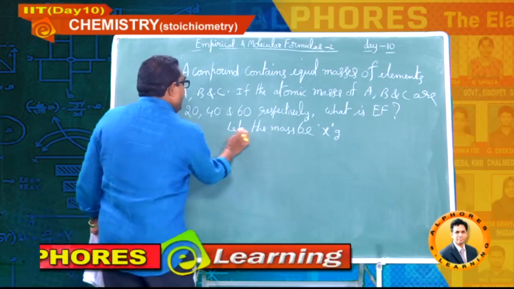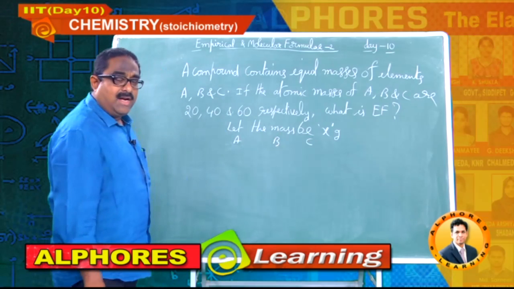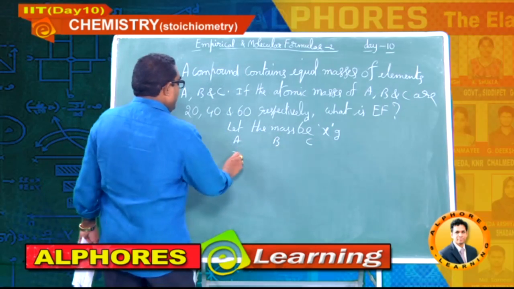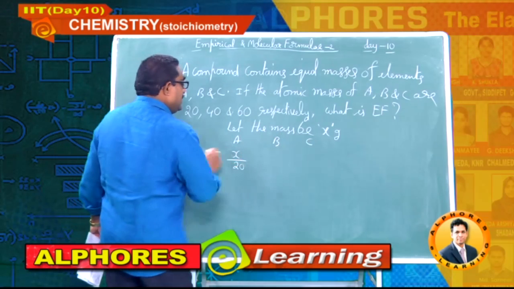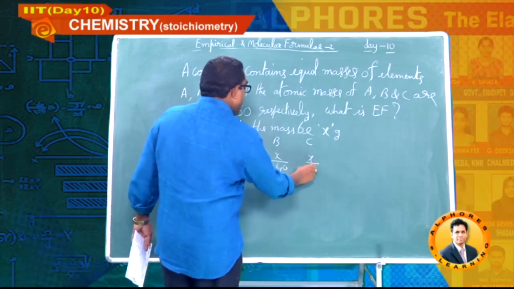So, x for A, B and C, for the three elements, students: x by 20, x by 40, x by 60.